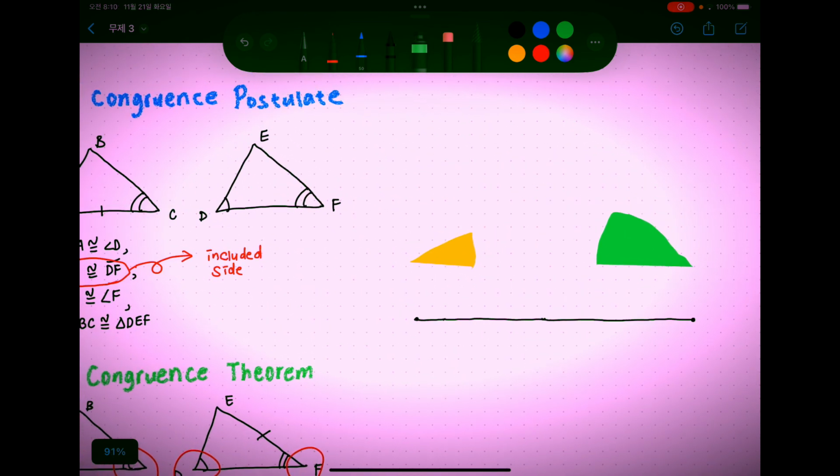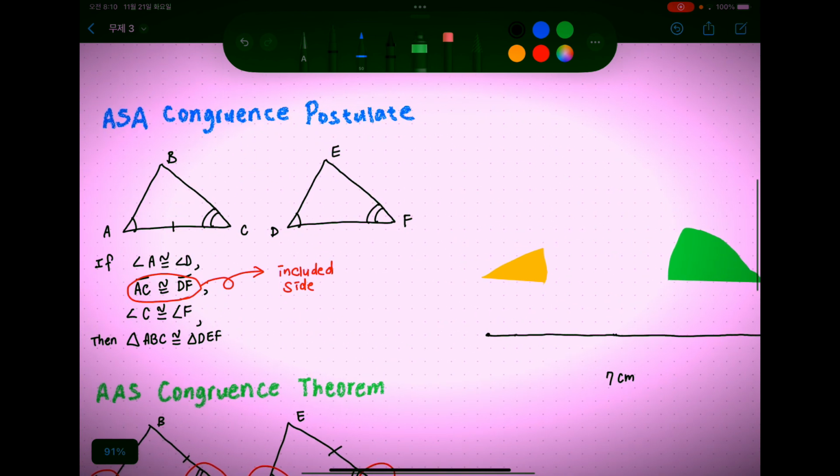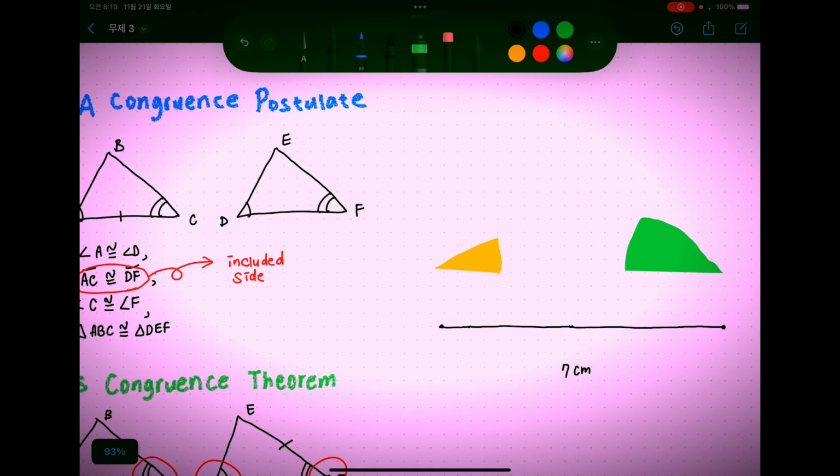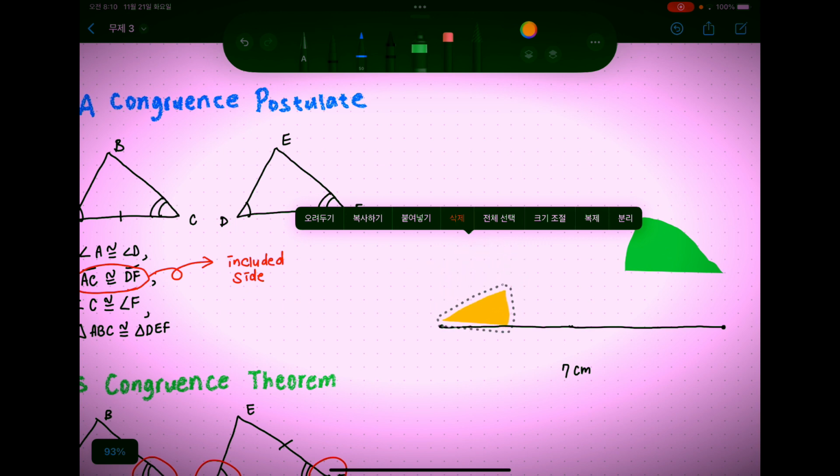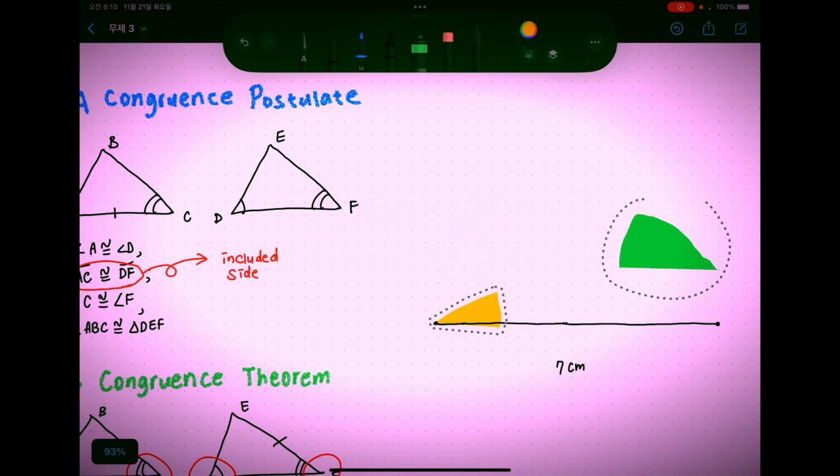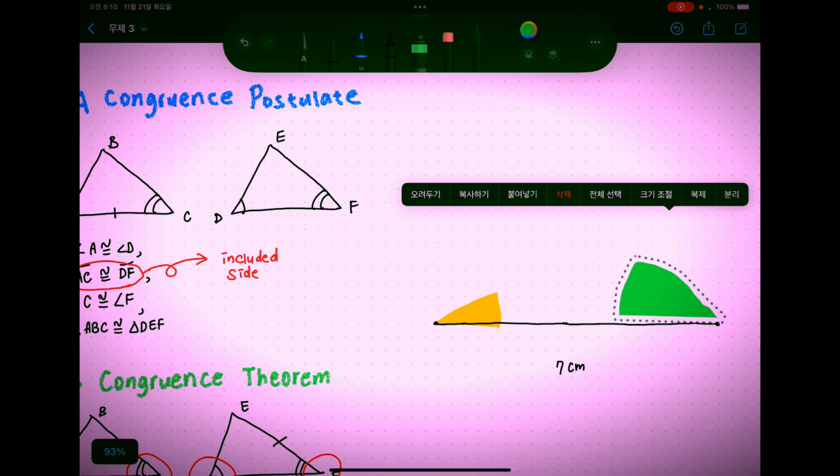So let's imagine we have this fixed segment here, and we know that this is, I don't know, 7 centimeters, right? Because if we're looking at the ASA postulate, we know that we're given a segment or the length of a side. And now let's imagine we're also given this angle, and this angle too.